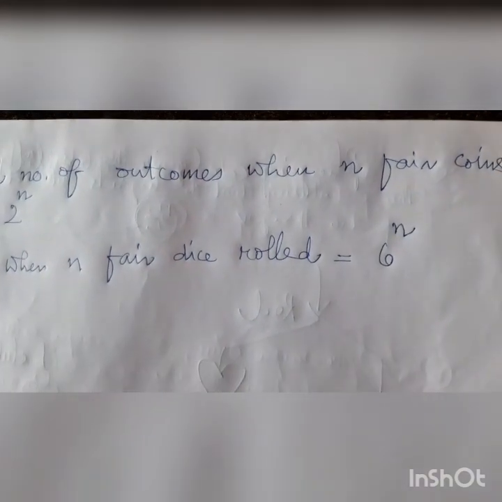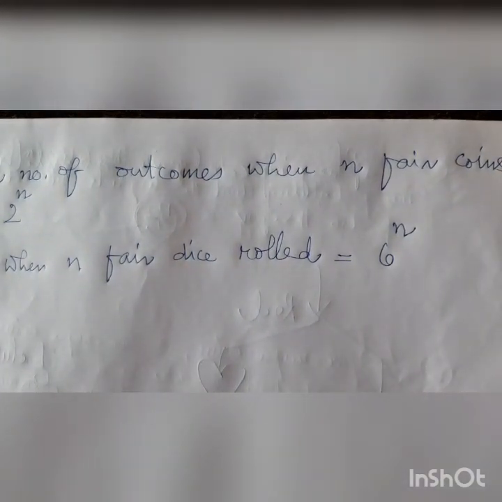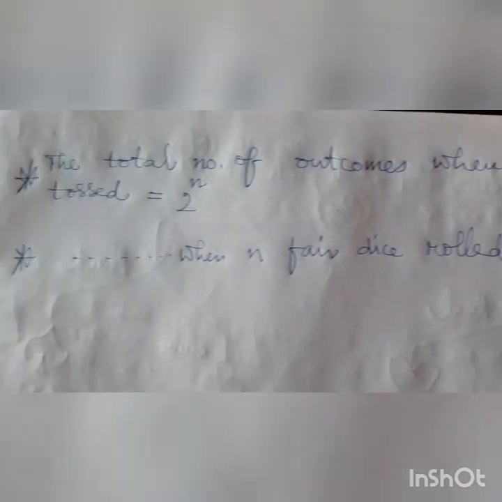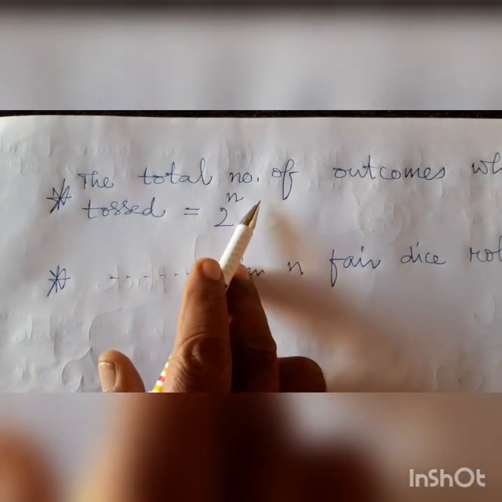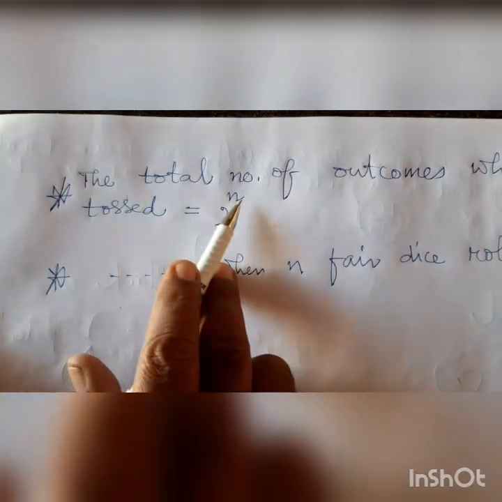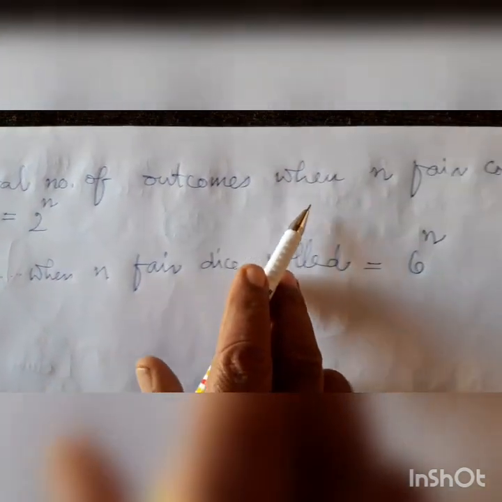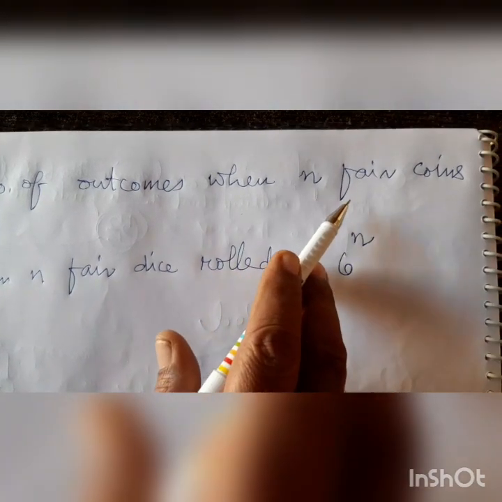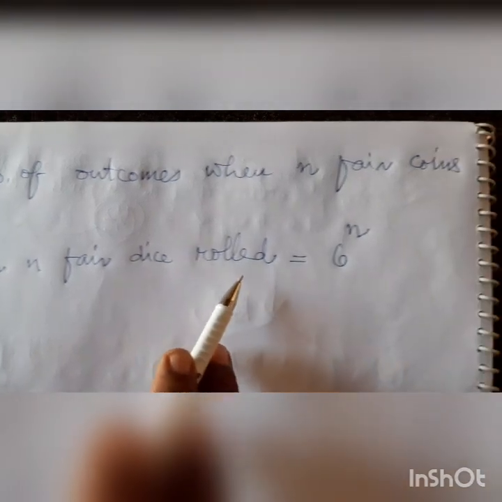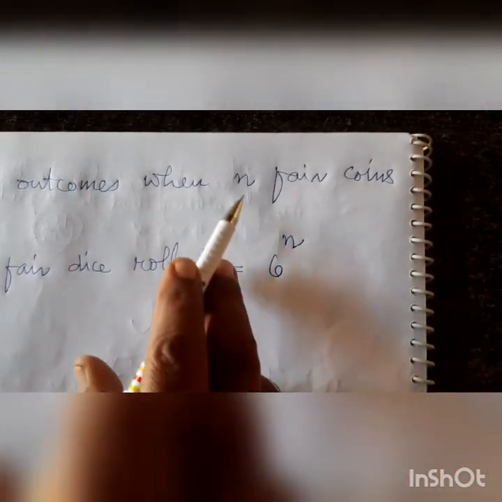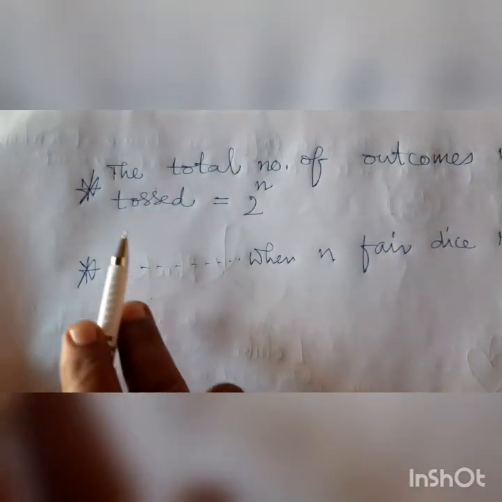You have to understand this 6 power n. When n fair dice are rolled, then the total number of outcomes is 6 power n, and when n fair coins are tossed, 2 power n. This is very important.